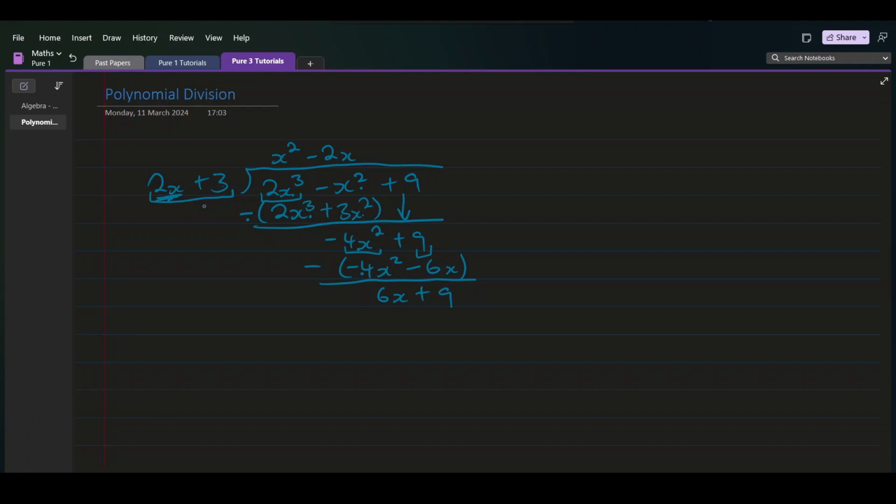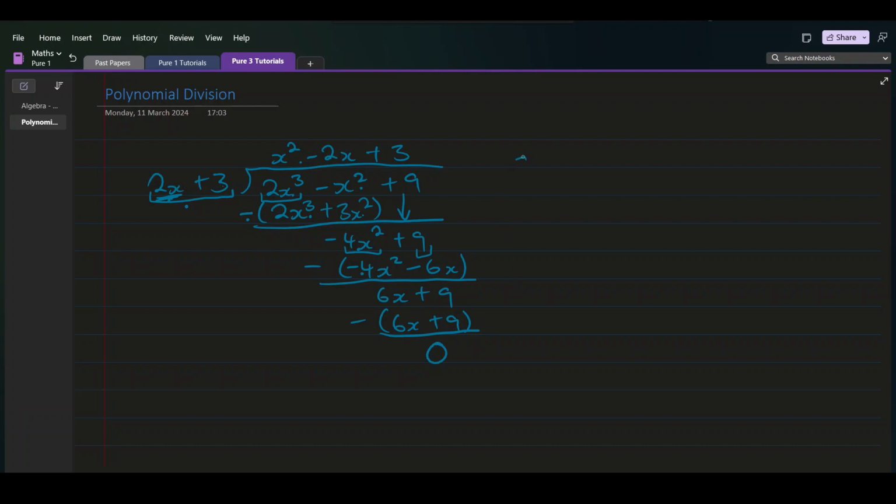We're going to say 2x into 6x, that's plus 3. Now multiply that 3 by the divisor, so that's 3 times 2x, that's 6x. That's 3 times 3, that's 9, plus 9. So you can tell that this is going to cancel out and give 0. That means 2x plus 3 and the quadratic over here are factors of the polynomial and do not leave a remainder.